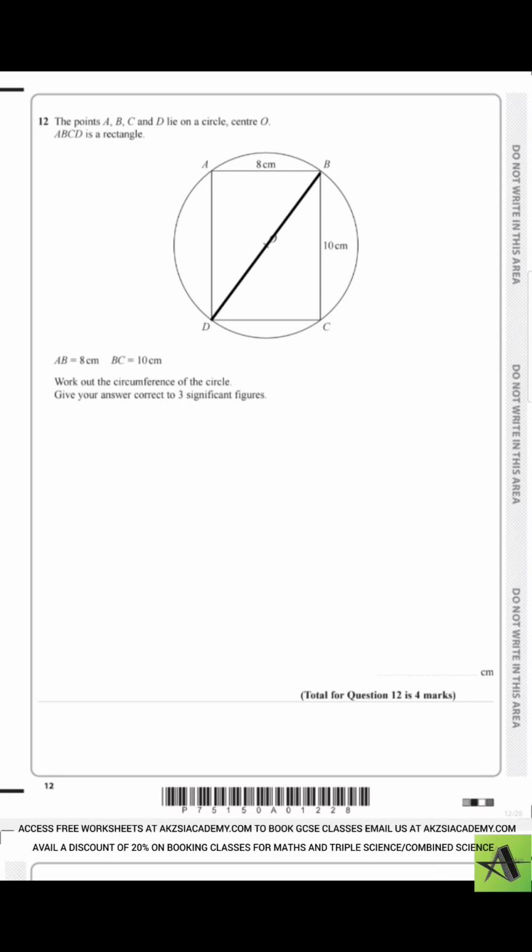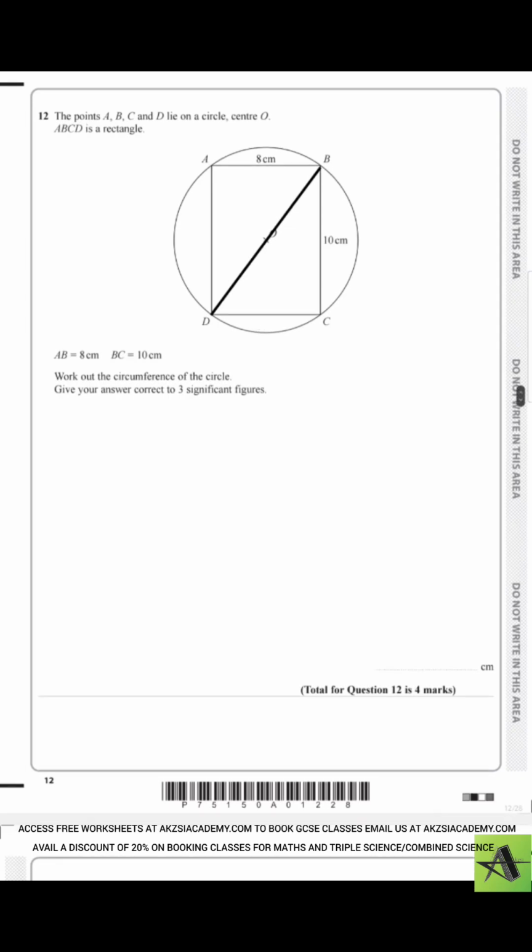And why have I drawn this one? Because the diagonal is easier to calculate. The rectangle's sides are given, so you can easily calculate. We know the opposite sides of a rectangle are equal, so this is also going to be 8 centimeters.